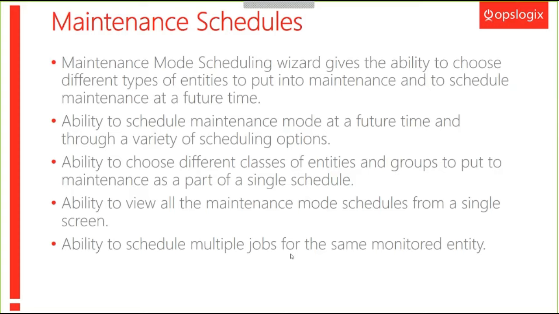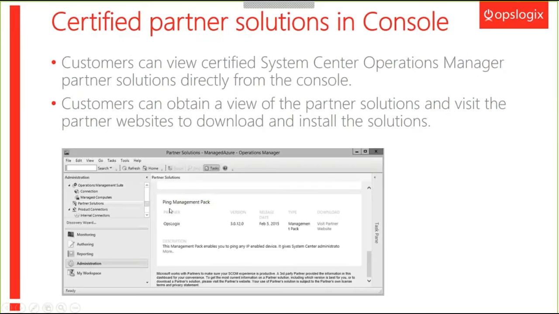You can schedule that through a variety of scheduling options. You can pick which classes of entities it will put into maintenance, and you have multiple schedules alongside single schedules. You can view them from the operations console, and it's handy. It's something we probably should have had already in the past, but it's here now.